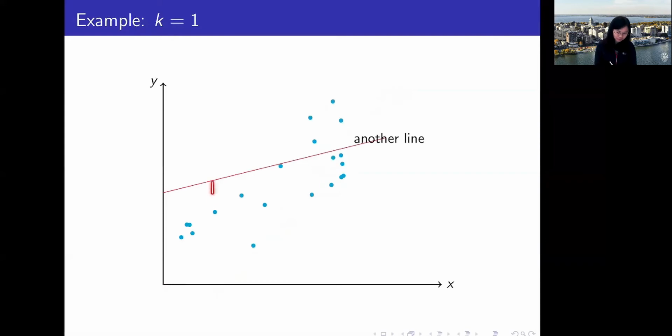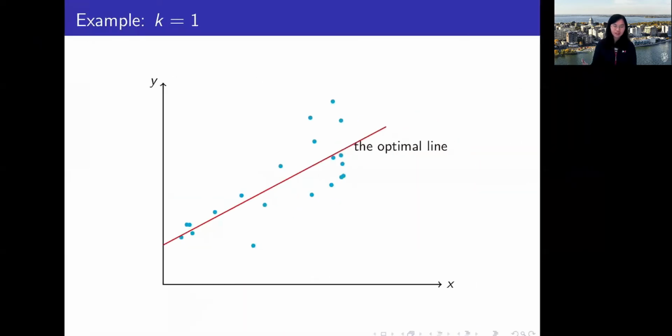This one has a different set of approximation errors. Therefore, it has a different least squares criterion function value. This line is also not optimal. This, for these points, is the optimal line. It minimizes the sum of the squares of these approximation errors.